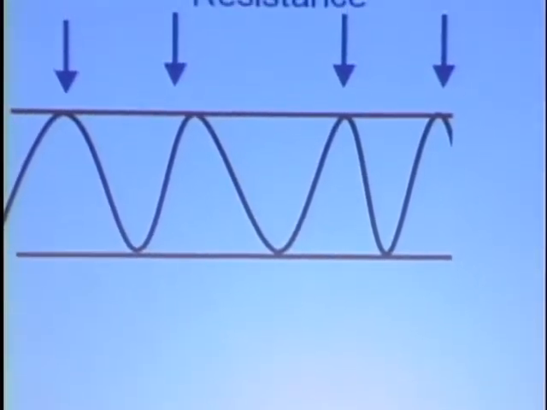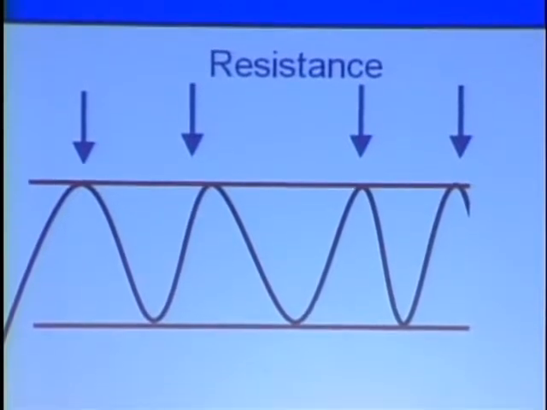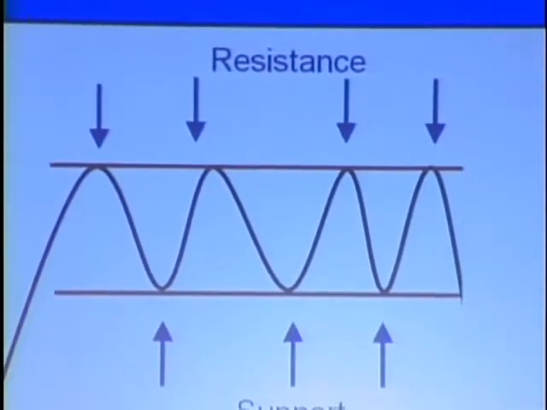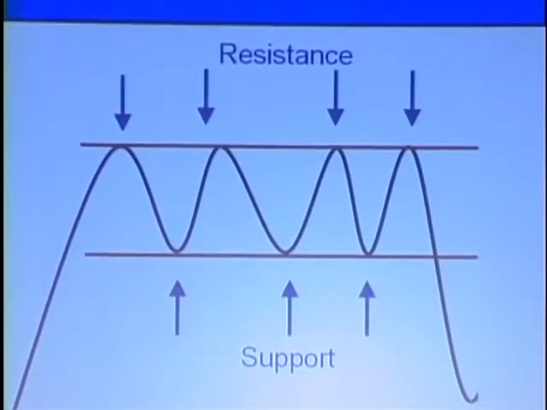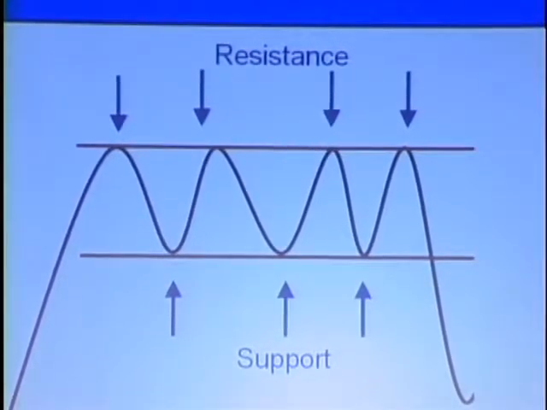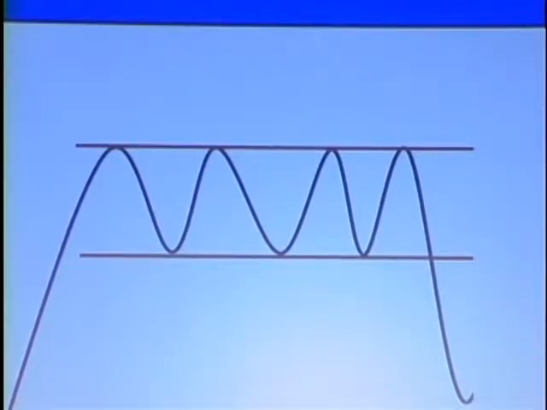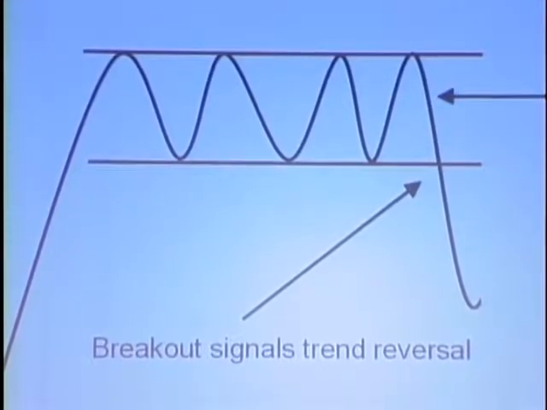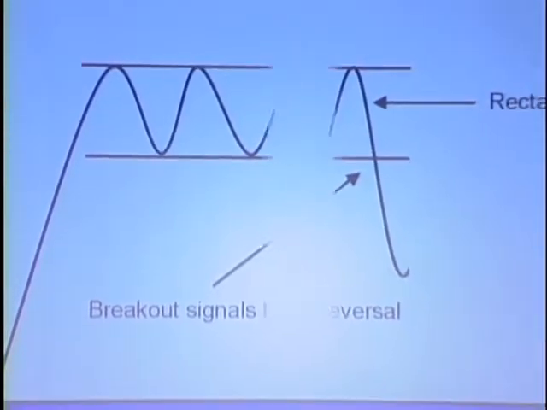So the upper line becomes one of resistance, going back to our support-resistance concept, and the lower line becomes one of support. And then eventually something happens to change that balance between buyers and sellers, and the price breaks through the support. So at this point here, the breakout signals a trend reversal. And that's what we call a rectangle.